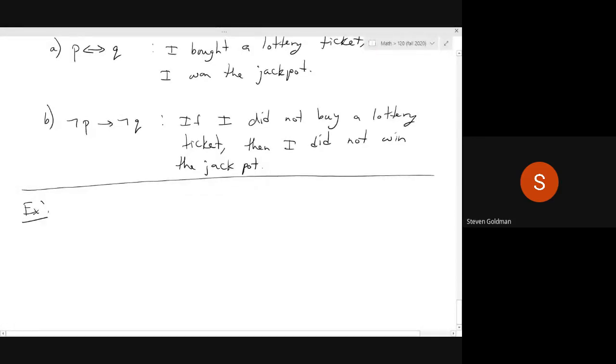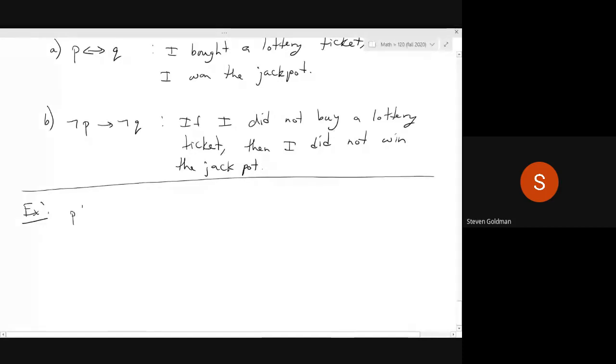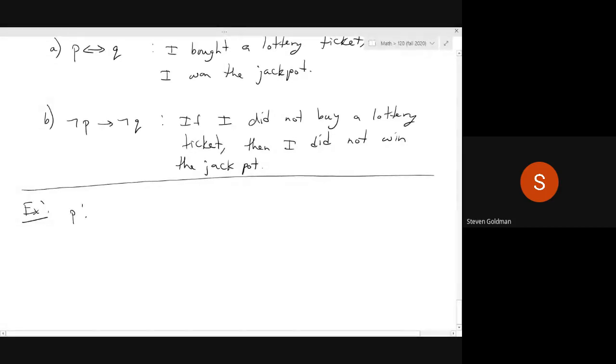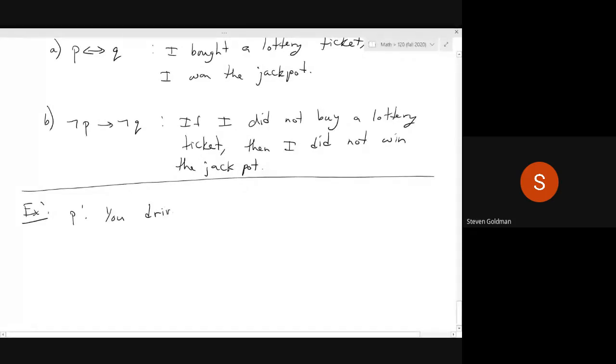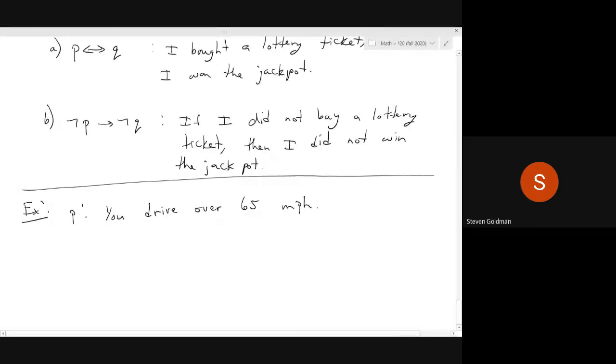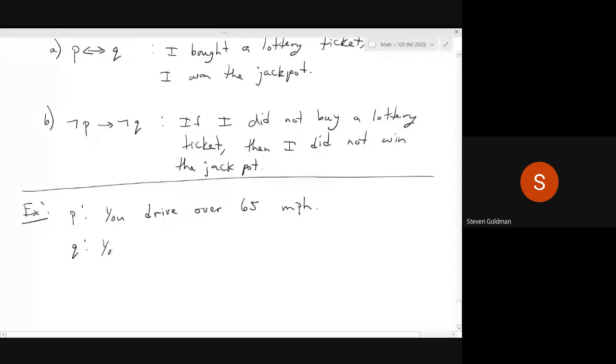Let's say P is the proposition, you drive over 65 miles per hour. MPH is short for miles per hour. Let's say Q is the proposition, you get a speeding ticket.